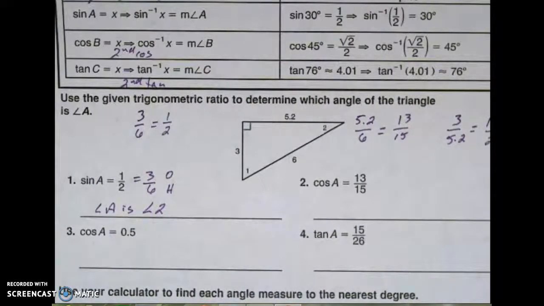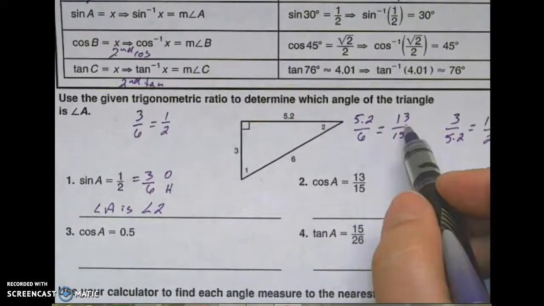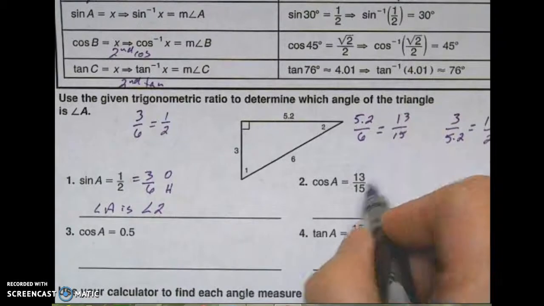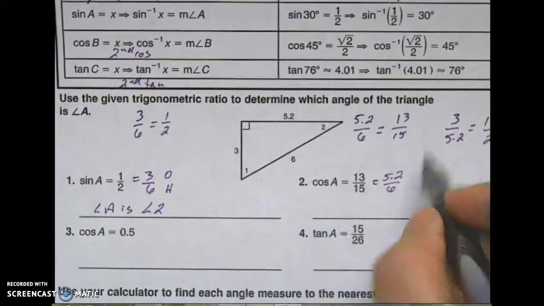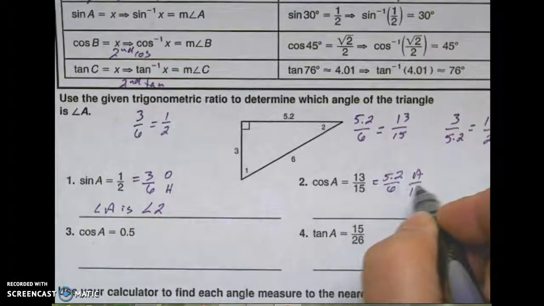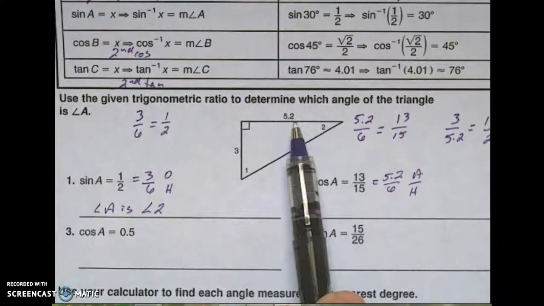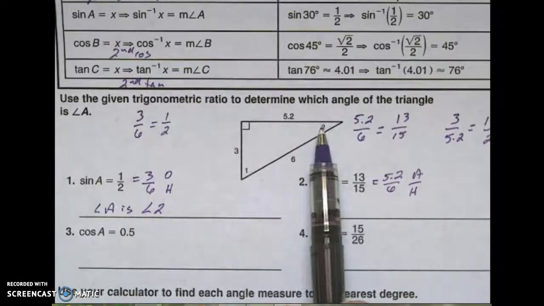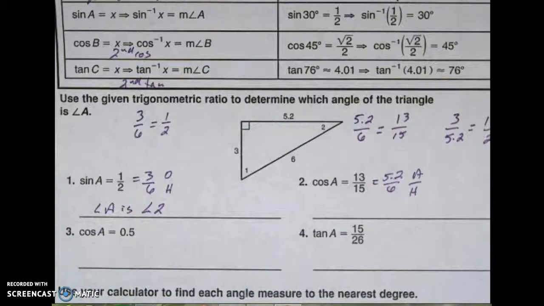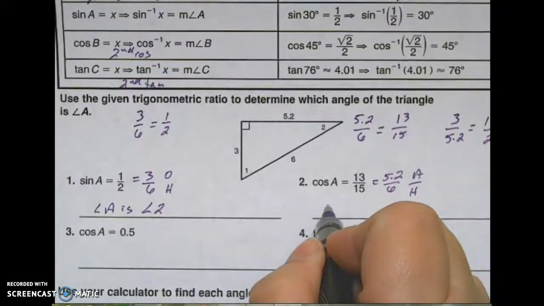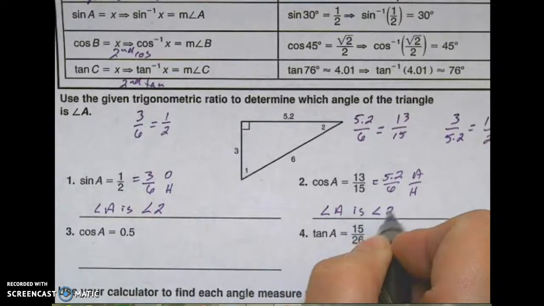If I look at question number 2, the cosine of angle A, 13/15, that's the 5.2 over 6. Cosine is adjacent over hypotenuse, so I want the side adjacent to the angle. Adjacent to angle 2 is my length of 5.2, so in this case angle A is also angle 2.